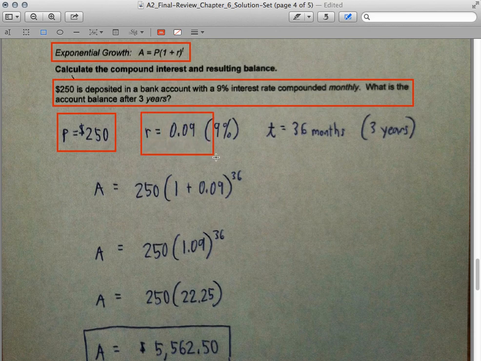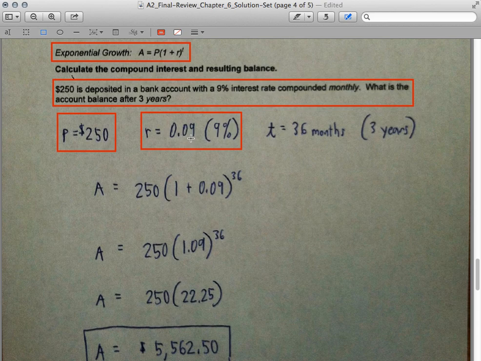So we want to understand how to convert from percent to decimal. And percent is always out of 100. So 9% is essentially 9 divided by 100, and that decimal value is 0.09. That's 9/100ths. We can understand this is our tenths place, and this is our hundredths place.